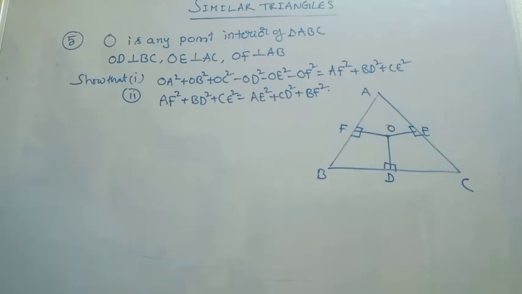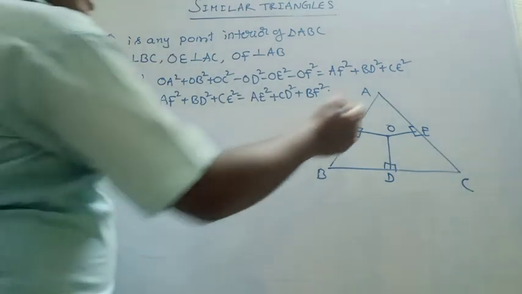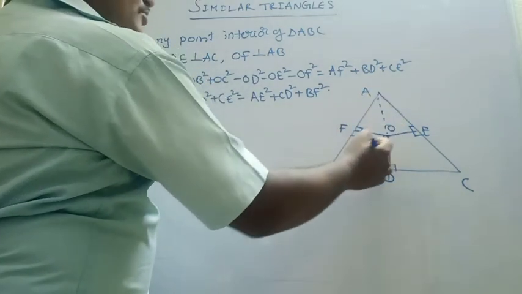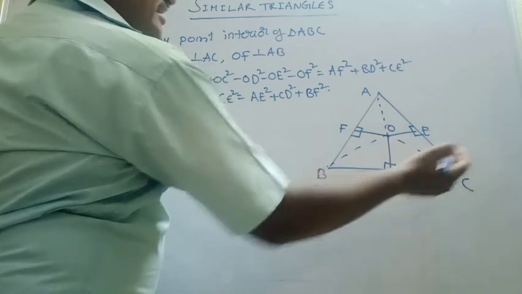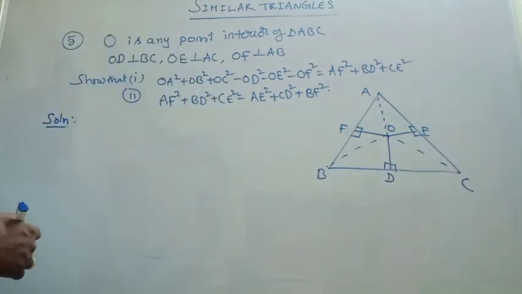Very good. Now, my dear students, how do we do the solution part of this? You see, we have OA square plus OB square plus OC square. Let us join them: OA square, OB square, OC square like this. OA square plus OB square plus OC square minus OD square minus OE square minus OF square is equal to AF square plus BD square plus CE square.